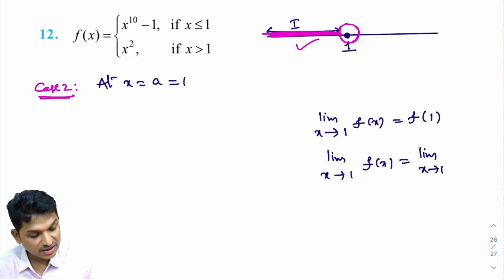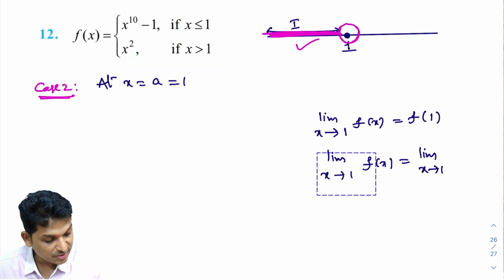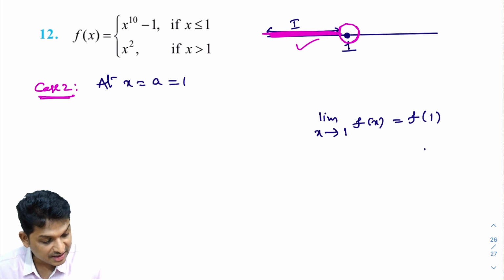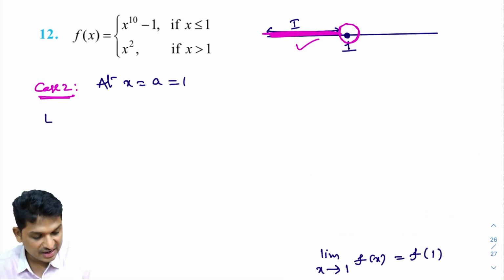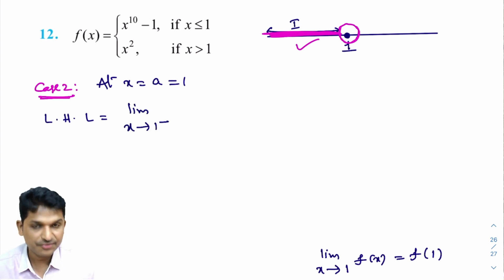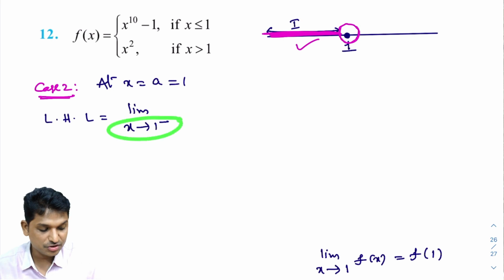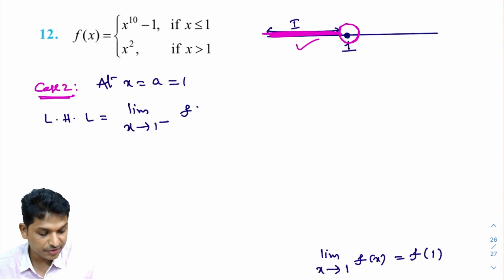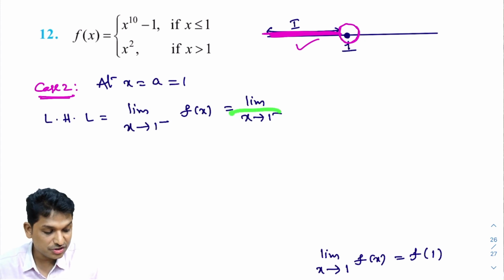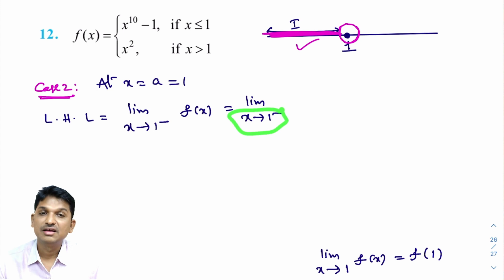So to calculate this one, I need the left hand limit as well as the right hand limit. First I'll calculate the left hand limit at 1. So x approaches 1 from left, this symbol indicates x approaches 1 from left, f of x. X approaches 1 from left means all x values are less than 1.